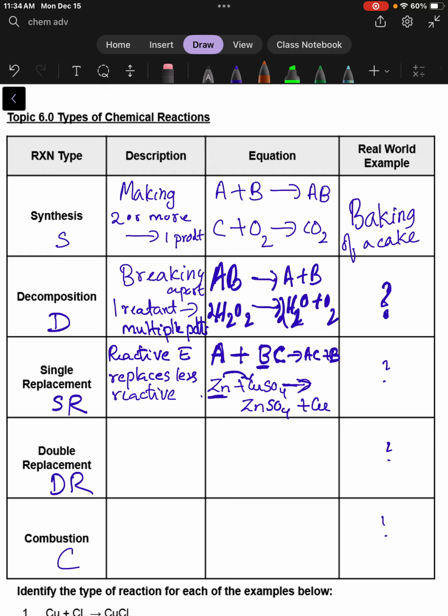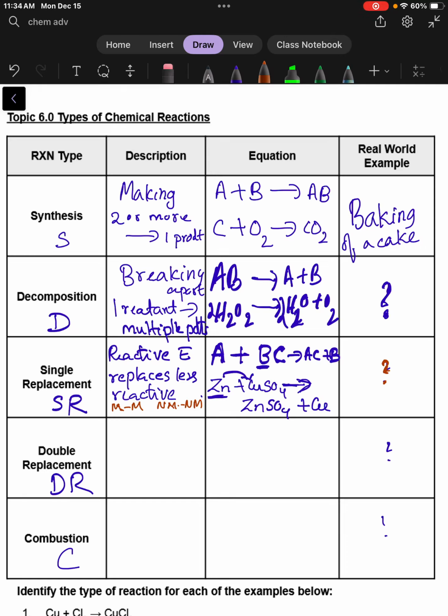As a side note, metal can replace metal, non-metal can replace non-metal, and hydrogen is the exception. Hydrogen can be replaced by a metal. There is a very good real world example, I don't know whether you can connect. Just think about it, or we will talk about that later in the class.